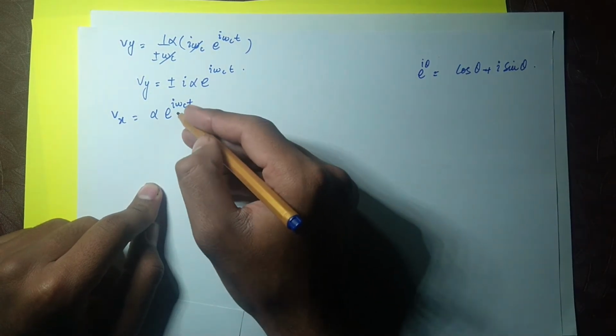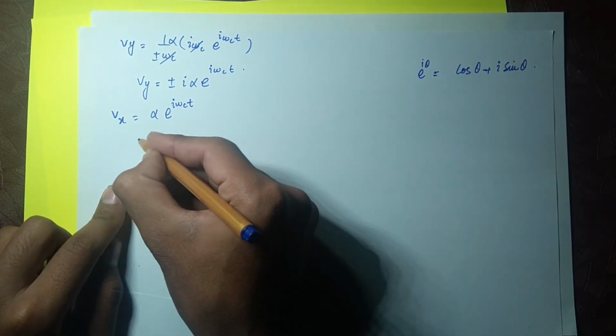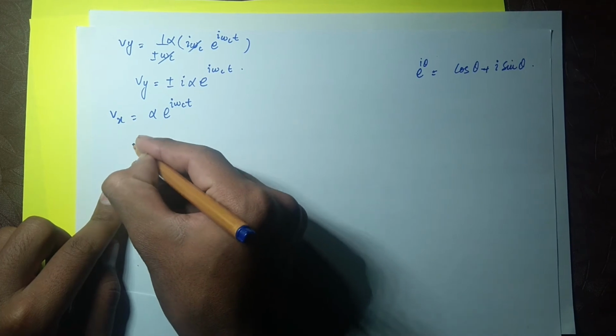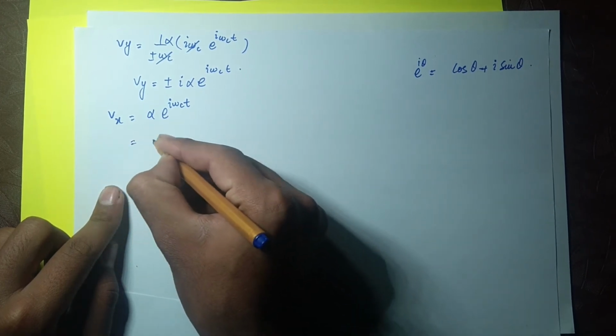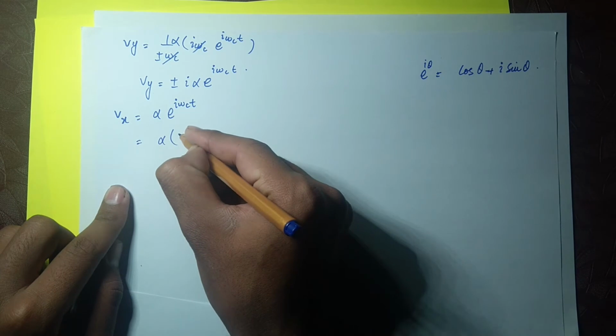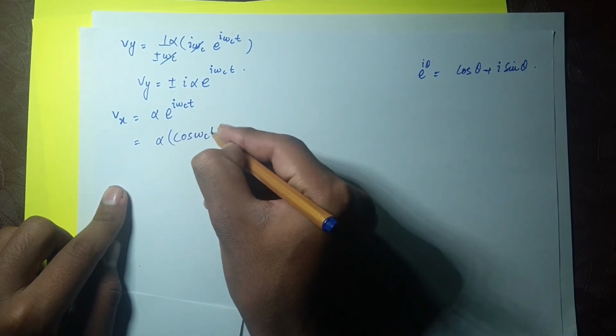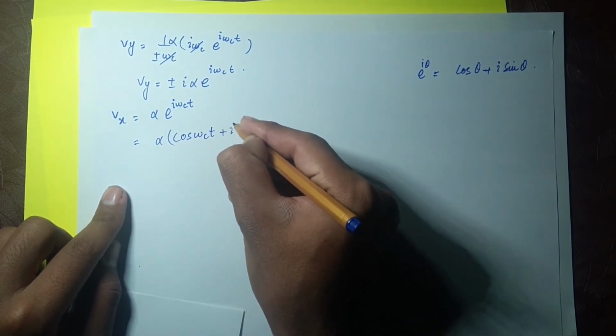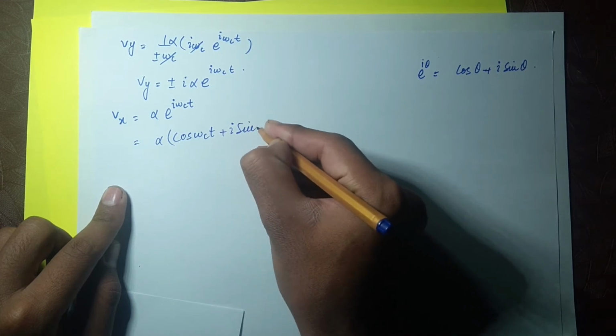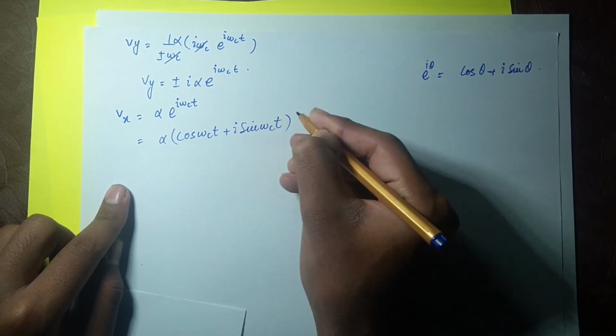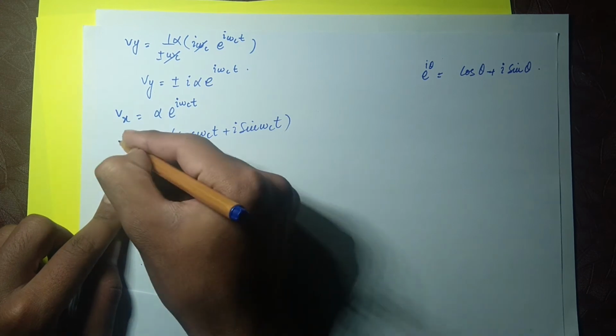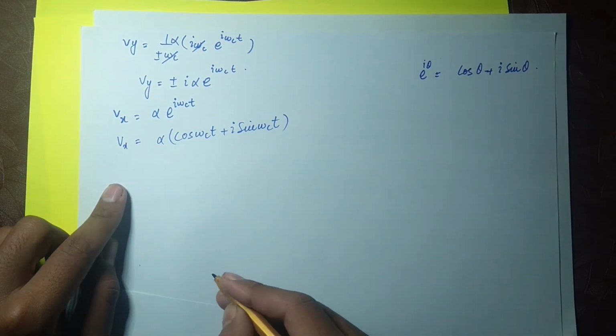So e power iota omega c t will be equal to alpha into cos of omega c t plus iota sine of omega c t. This is v of x.